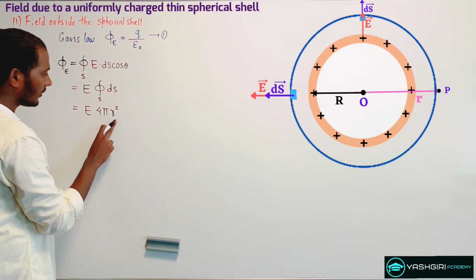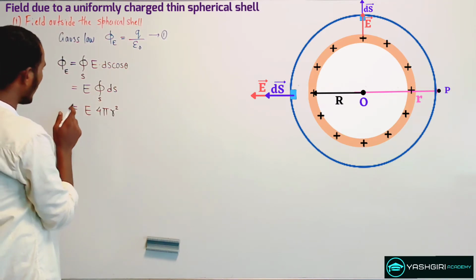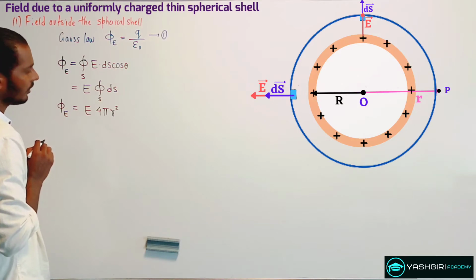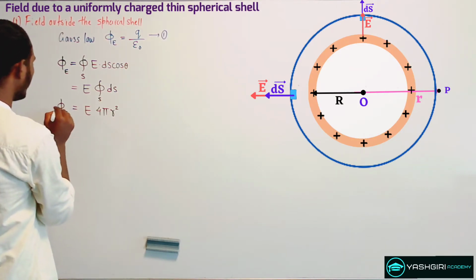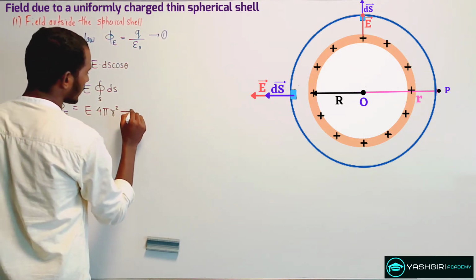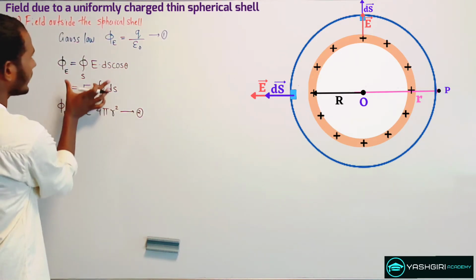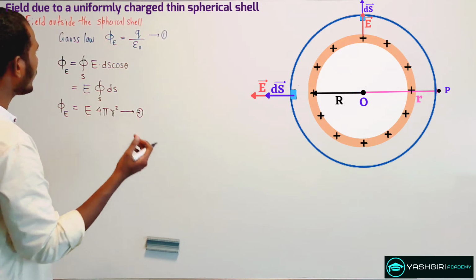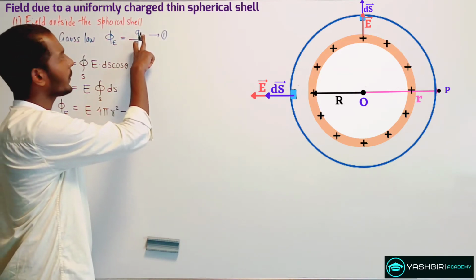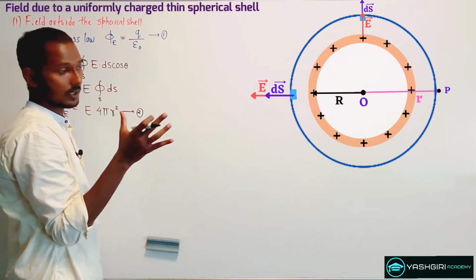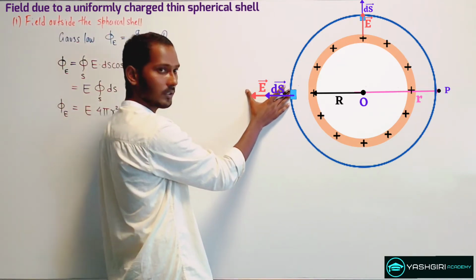So that's the formula to get the surface area. So I have got the electric flux in this case. Now let me put it as equation 2. So I have got the left hand side. Now here this Q, what we are talking about is the charge which is enclosed by this Gaussian surface, right?